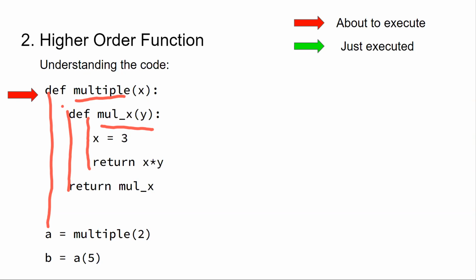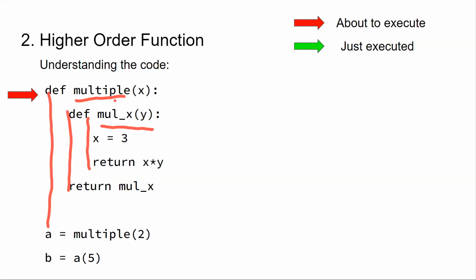Understanding the code, we have defined multiple x. According to the environment diagram knowledge you've learned, in the global frame, if we don't get a function call, we recognize the function definition, and then we skip.